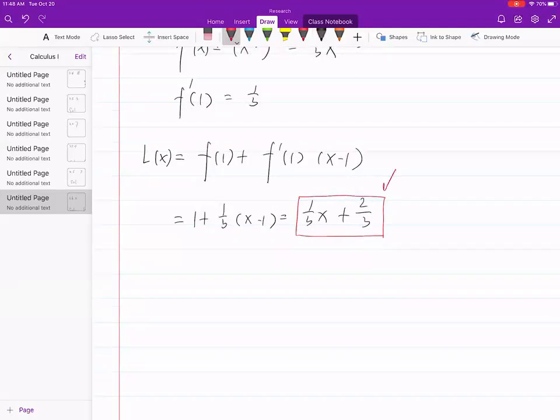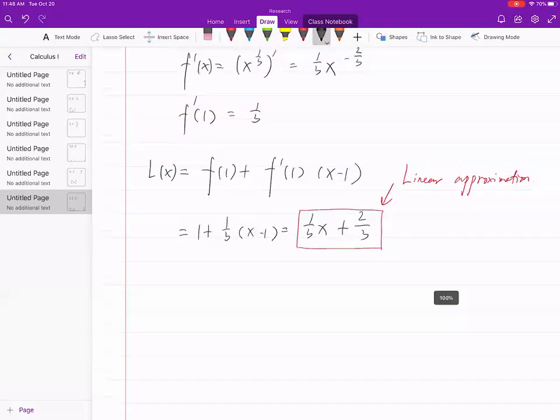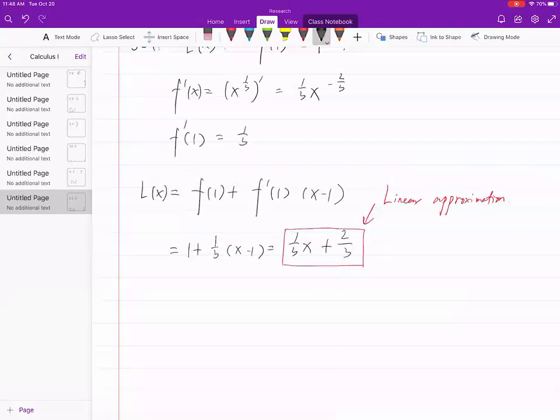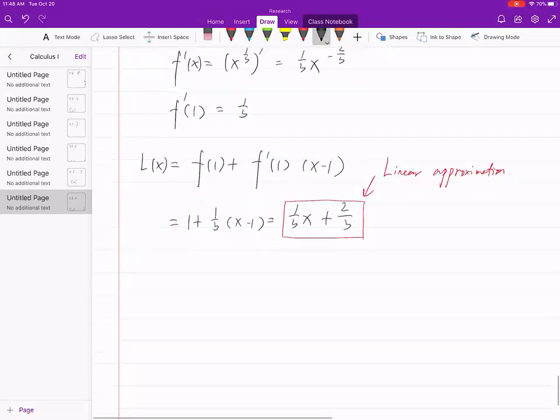Up to now, linear approximation is done. Sounds good? Okay. Then what about this one?